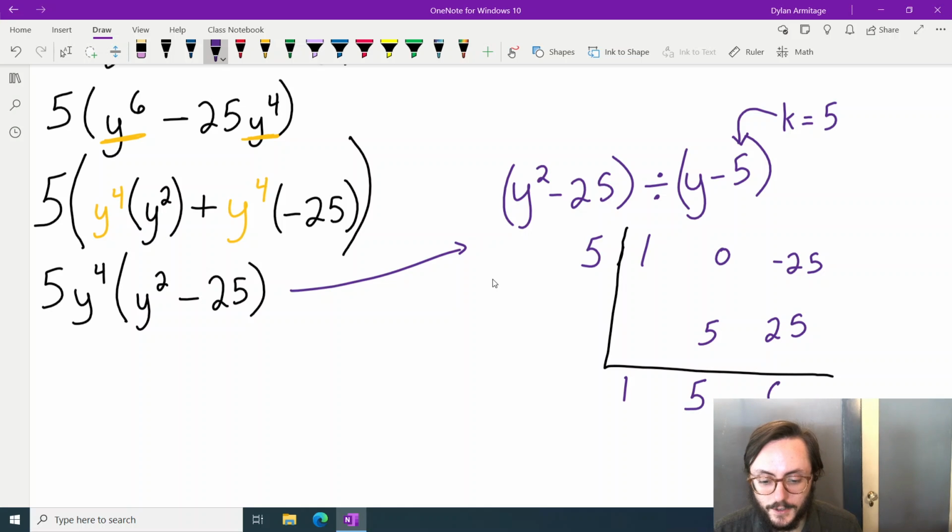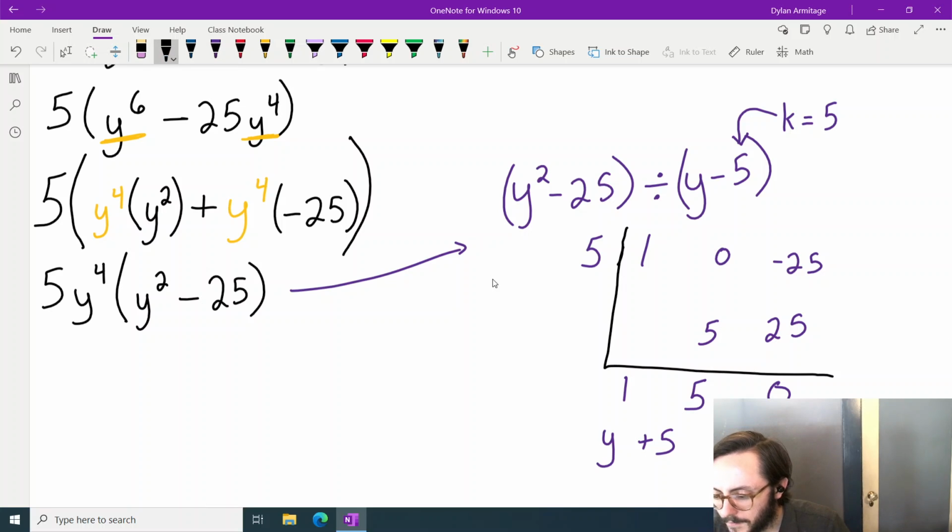And when added together, that gives us 0. So this means that since we have this remainder of 0, our other factor would be 1y plus 5. So we can take this knowledge and we have factored y squared minus 25 completely.